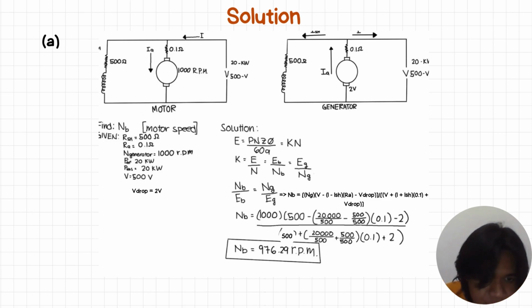Now through direct substitution, with 1000 RPM and so forth, we figure out that the speed of the motor is 976.29 RPM. In the module, the answer was 976.1 RPM. But this answer is pretty close and approximately similar. And we follow the formula, so hopefully I think it's correct.